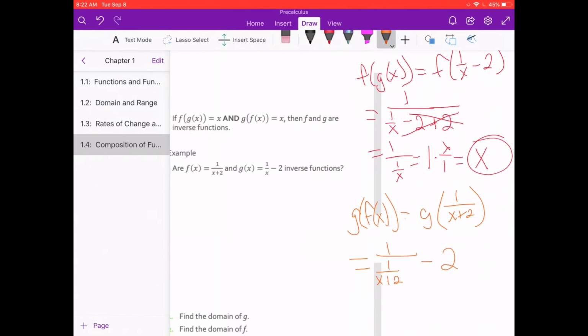Just a shortcut, whenever you have 1 over a fraction, you can just flip the fraction, so it becomes x plus 2. And then we have that minus 2 on the outside. These are going to cancel out. We're left with x. Since we got x for both, those two functions are inverses.